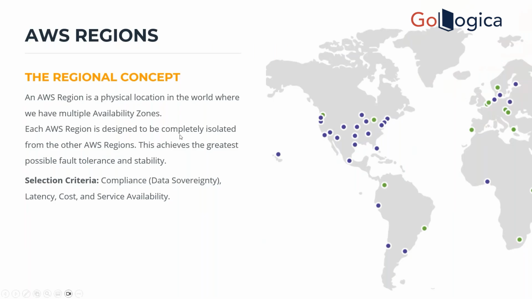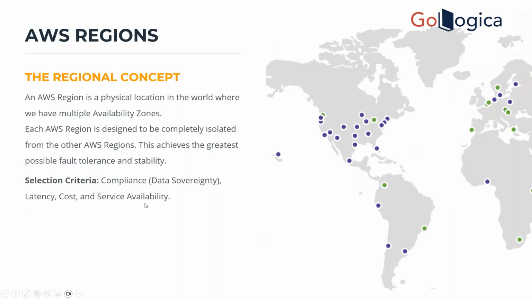Then latency, that is how close this region is to our customer. And then the cost, because based on regions the cost varies. There is a slight change because of the cost of doing business in different regions.